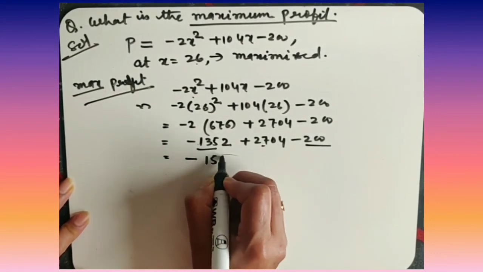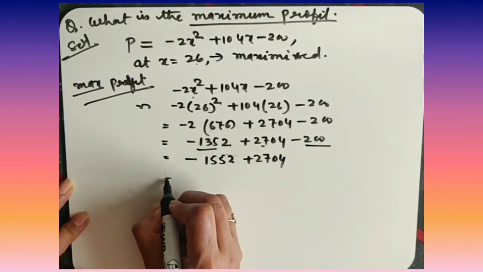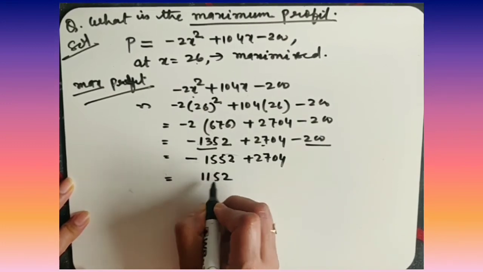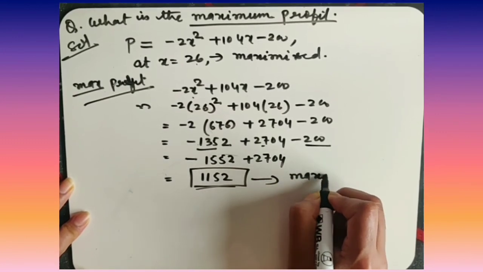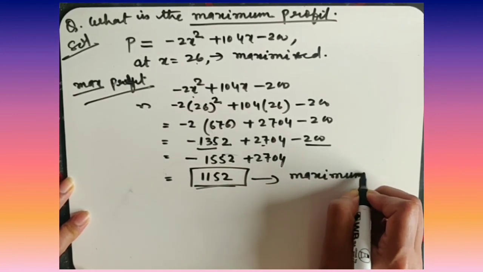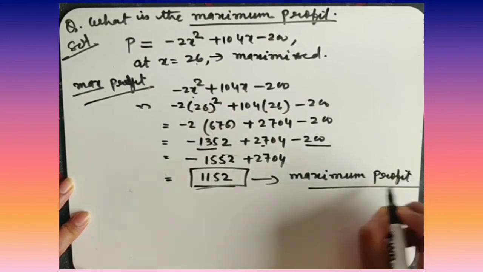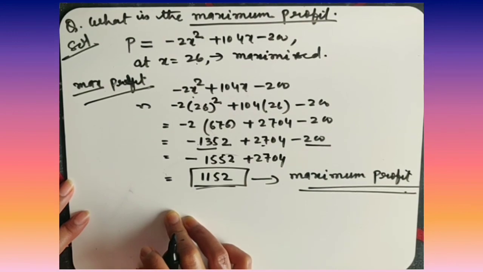So when you calculate this, it will be 1152. So this will be your maximum profit. This is how we maximize any function.